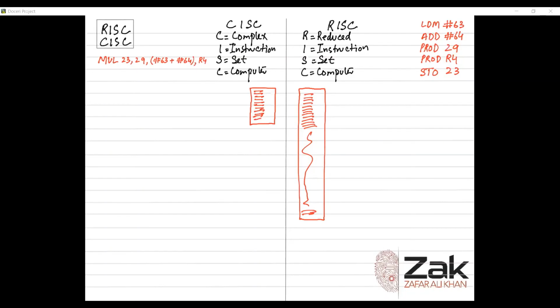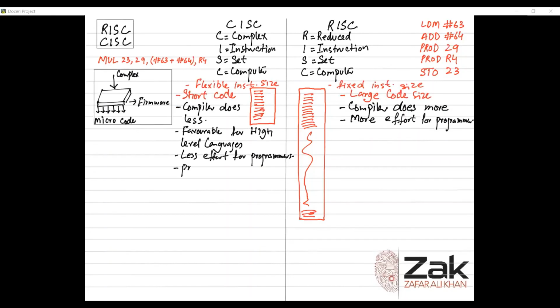So we can understand easily that the code in CISC is shorter because we have to write fewer lines, but the code in RISC is larger because we have to write more lines. Which is easier?